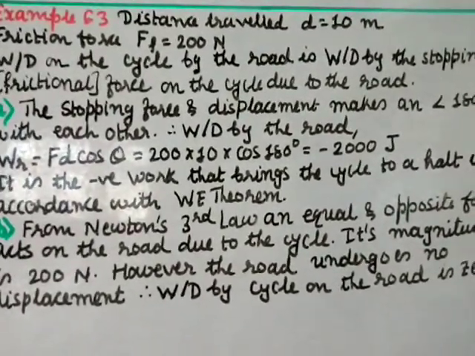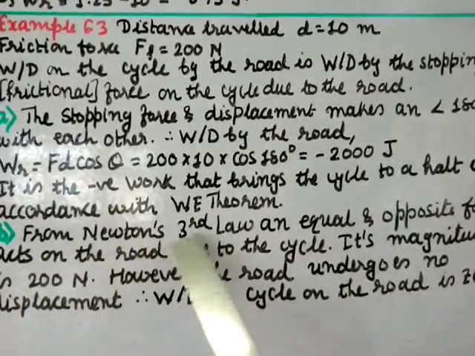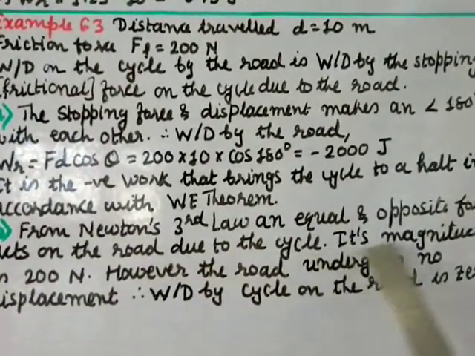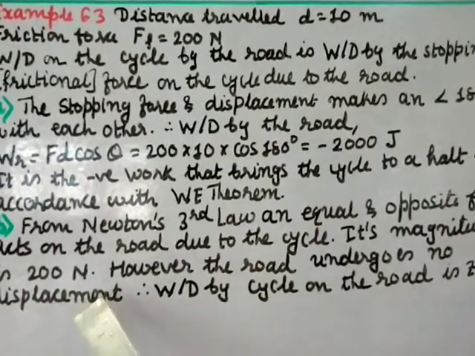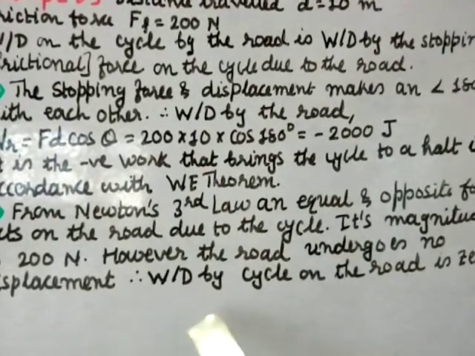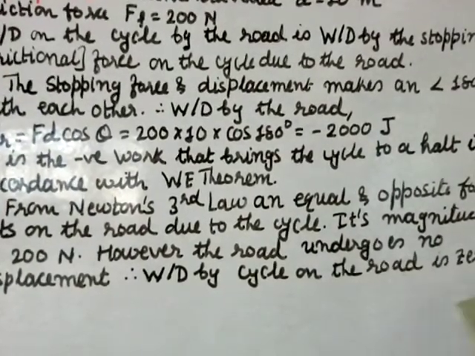For part B, from Newton's third law, an equal and opposite force acts on the road due to the cycle. Its magnitude is 200 Newton. However, the road undergoes no displacement, therefore the work done by the cycle on the road is 0.